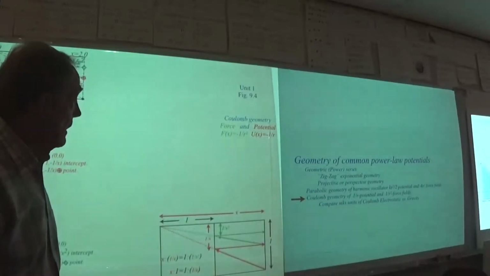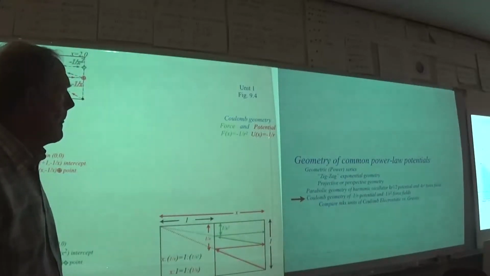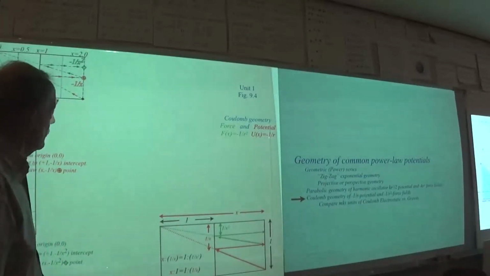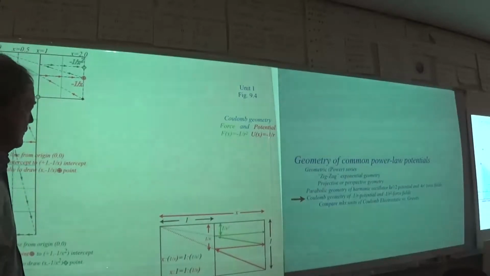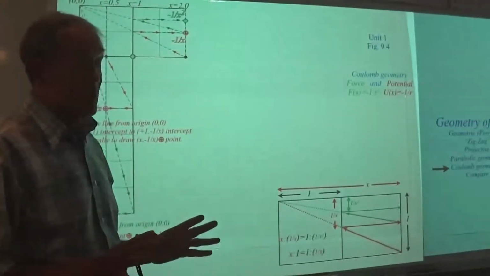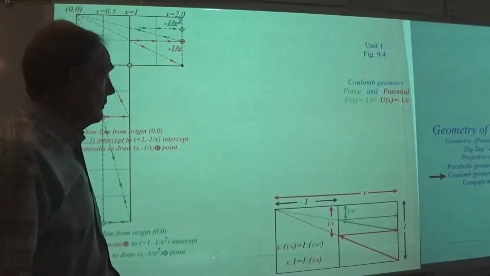Okay, now let's look at the Coulomb potential, just quickly and geometrically. I used to have the class do, and it was a much smaller class, the actual geometry for this.